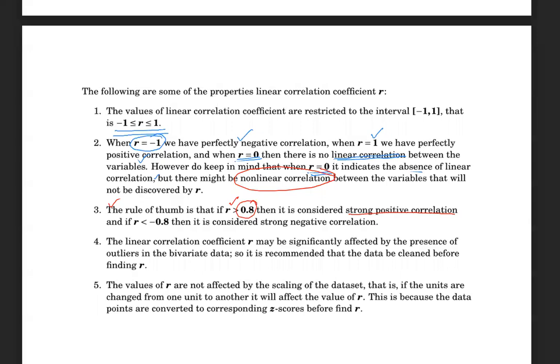But generally speaking, 0.8 or above is considered a strong positive correlation, and below negative 0.8 is considered strong negative correlation. But in reality, guys, if you're dealing with real data points in a study, it's unlikely that you'll get a correlation value of 0.8 or above, or negative 0.8 or below. It is very, very unlikely.